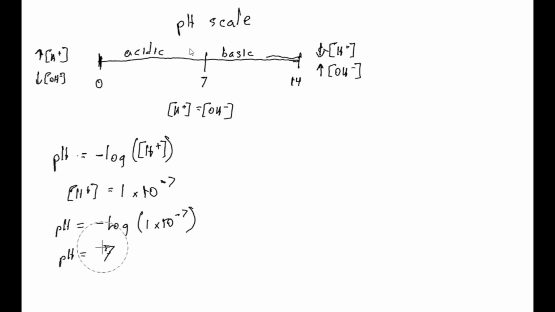You could imagine a solution where the concentration of hydrogen is a lot higher, something like 1 times 10 to the negative 2, and our pH would be equal to the negative log of that number.